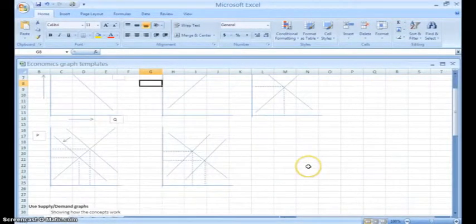Okay, now, to illustrate further, let's say that we have a shift in a demand curve. Now we're talking about a shift that's not price related, but is one of those other factors. I talked earlier about a recession. If this is your original demand curve, and there is a recession, people have less money in their pockets.